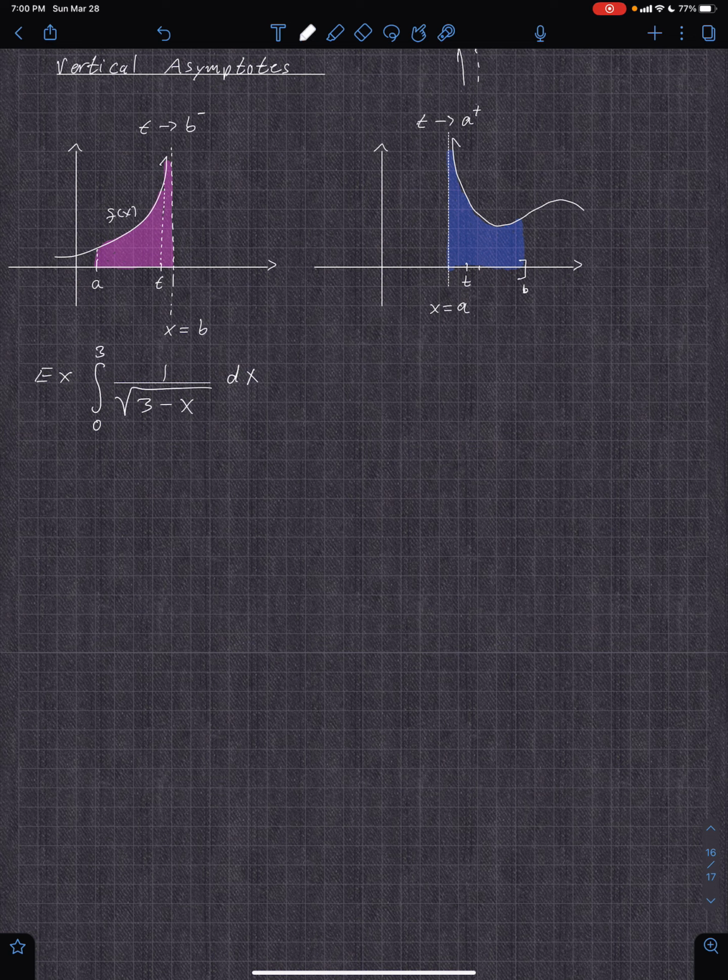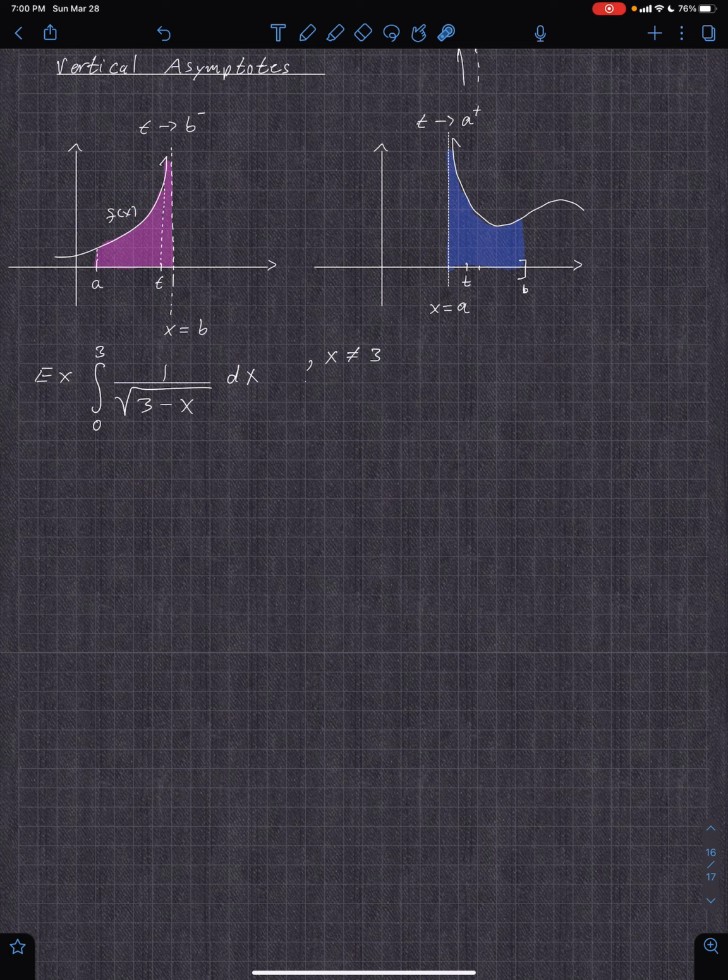So we can see here that it's improper because x cannot equal positive 3. The radicand of a radical needs to be positive. So you can't put in 2.99 either.